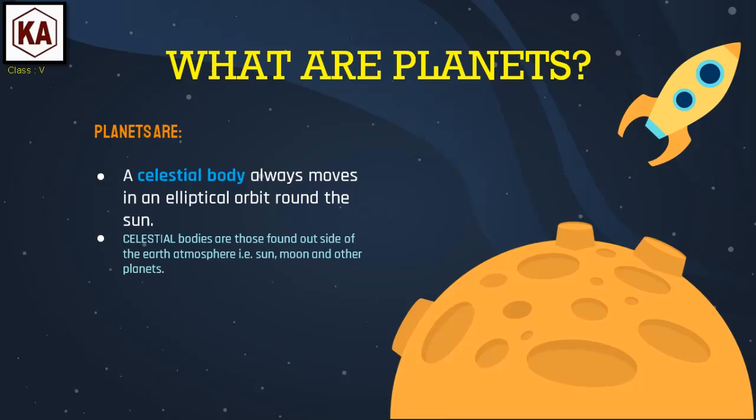Celestial bodies can be natural and man-made. So, can you think of any celestial body that is man-made? Great, yes, a satellite. A satellite is a celestial body that revolves around our Earth. Okay?